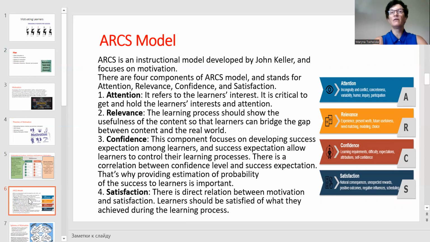ARCS stands for attention, you attract learners' attention; relevance, you use only relevant materials; confidence, you structure the learning so that your learners are sure of their success; and satisfaction, they get satisfaction from the learning if they achieve some level of purposes or goals.